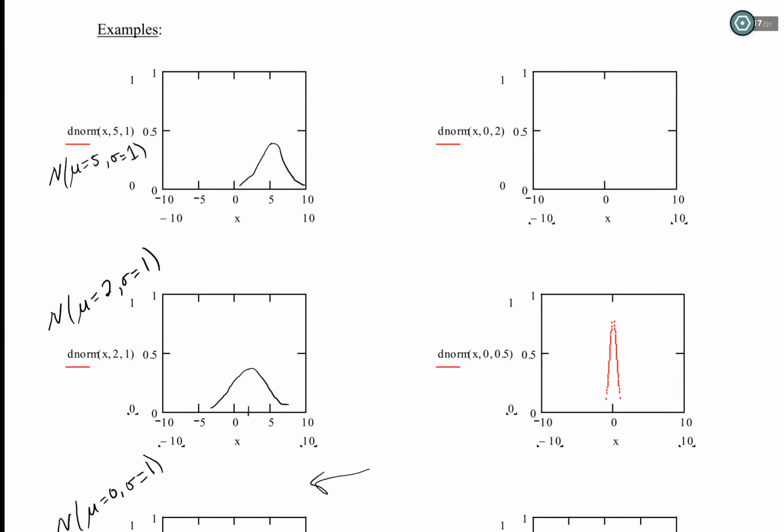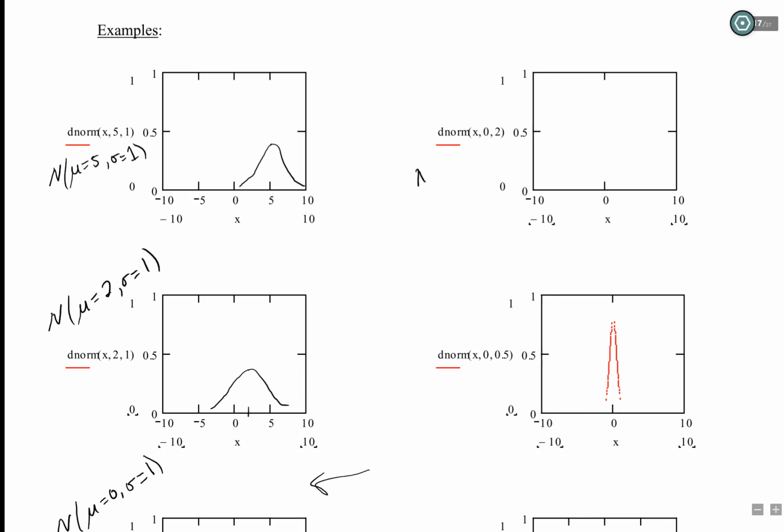Now on the right column of graphs here, this is a normal distribution with a mean of 0, and the standard deviation sigma is 2. So the standard deviation is twice of what it was over here to the left, and so I have a plot that's centered at 0, but it's spread out a little bit more.